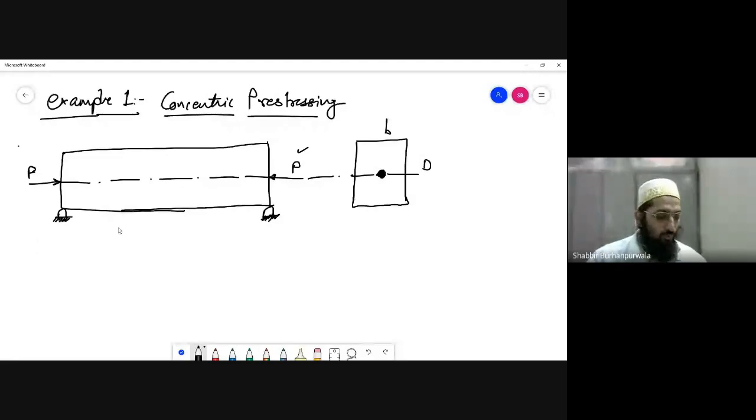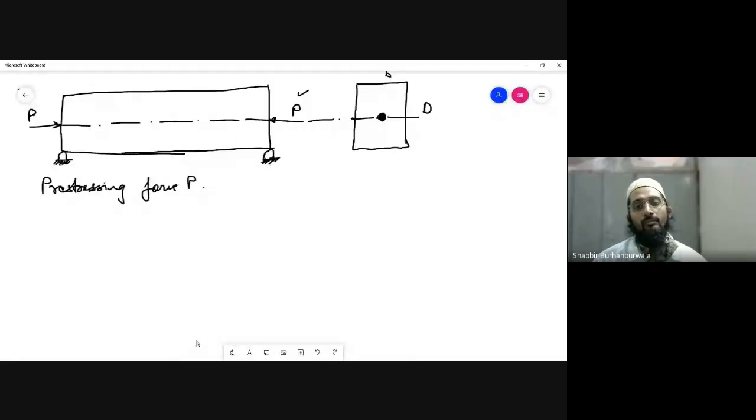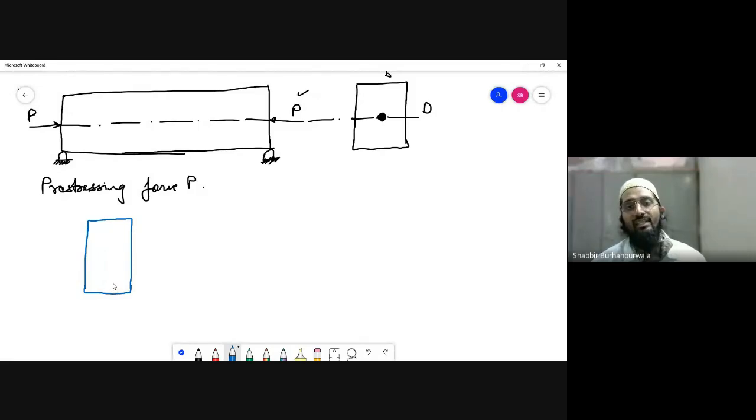Okay, so the stress diagrams that we are going to get, first is we are going to get the pre-stressing force, because the pre-stressing force is acting at the center and is causing only the direct stresses.